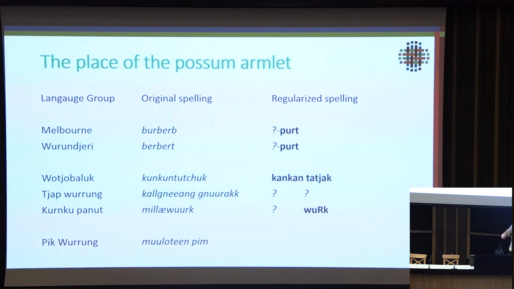And I was searching through and I couldn't find the word for tie up in Kern Copper Nut, but in the neighbouring dialect, Pipurung, we get this word Mulatin Bim. And that refers to the headband. And Bim is head. And that got me thinking maybe the Mulutin part is about tying up or wrapping around, and Millet and Mulu are related words.